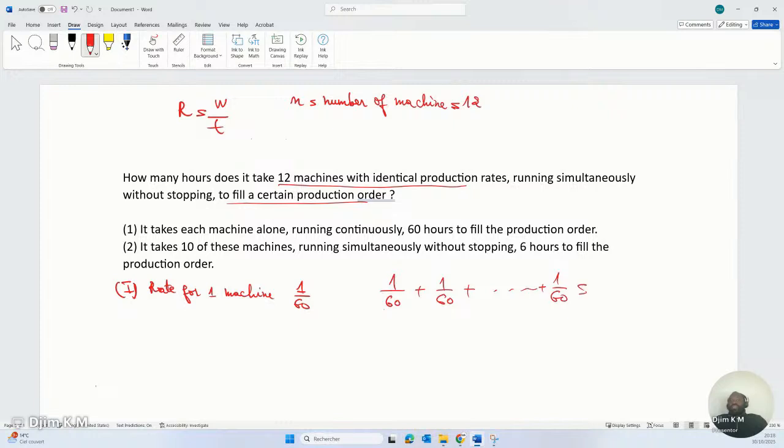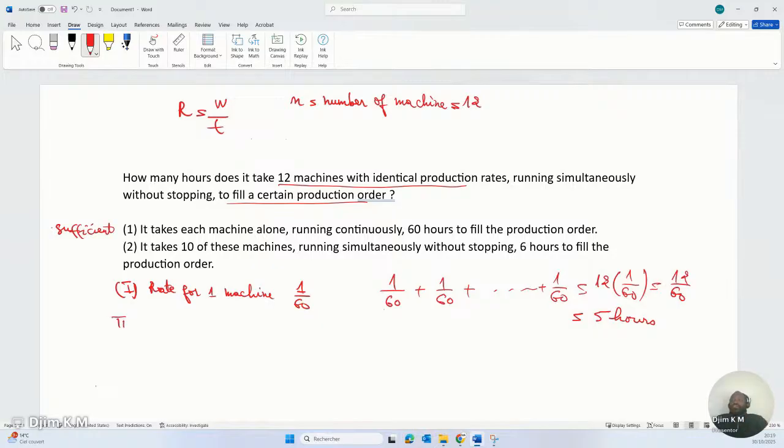We have 12 machines, so it's going to be 12 times 1 over 60, because they have identical rates. So 12 divided by 60 will give us 5 hours. So if the 12 machines are running at the same time without stopping, it will take us 5 hours. So we have our time.